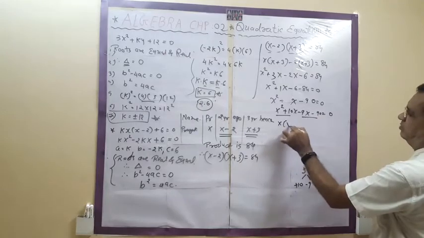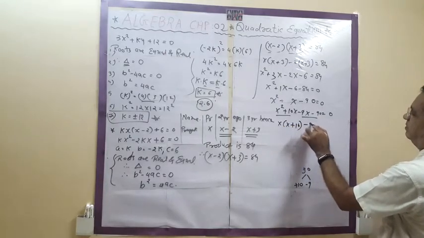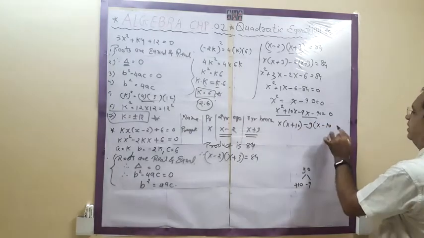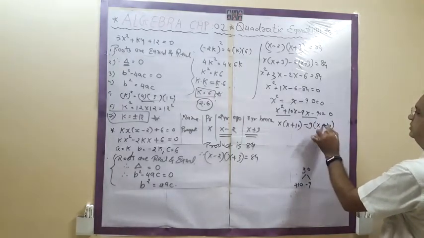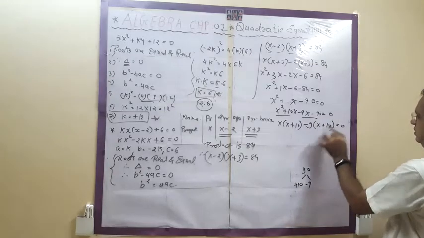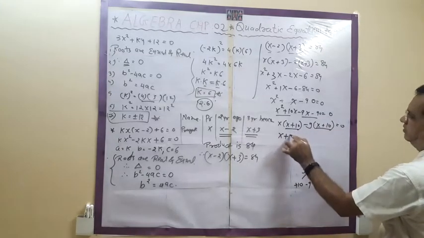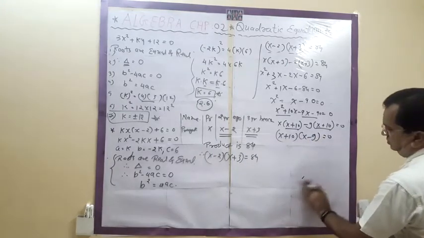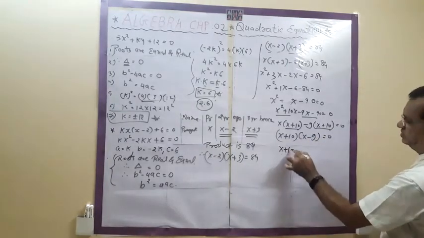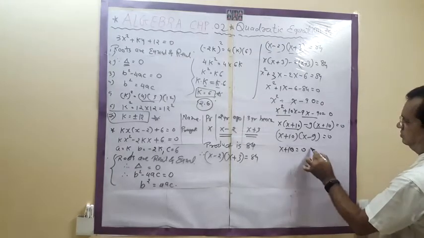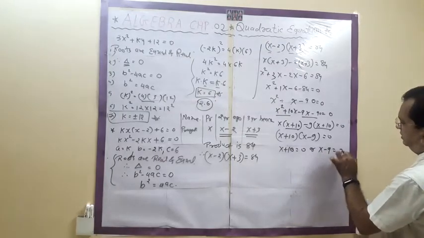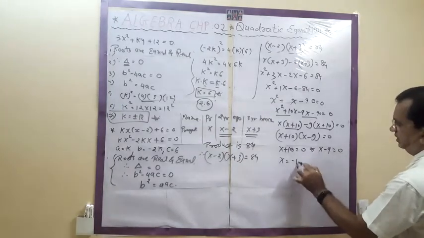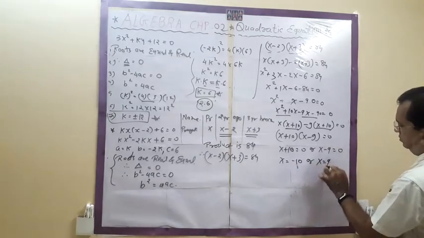Here x is common, and in the second 9 is common, so x plus 10, and minus 9, x plus 10. Common of common, x plus 10, x minus 9 is equal to 0. So x plus 10 is equal to 0 or x minus 9 is equal to 0. So x is equal to minus 10 or x is equal to 9.